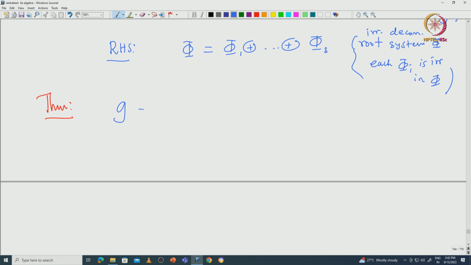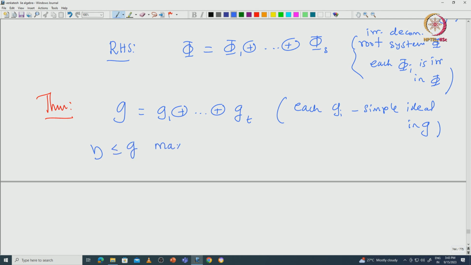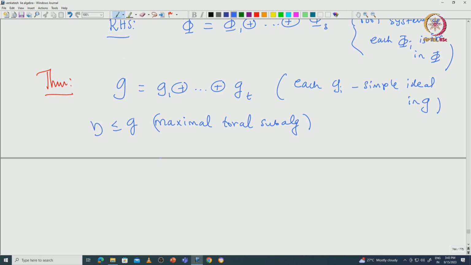If you write G as G1 direct sum etcetera direct sum Gt, with each Gi a simple ideal inside G, and you have a maximal toral subalgebra H inside G, then with respect to that you have the root system phi, the root system of the pair G and H. Now we want to understand how this phi behaves with respect to the simple ideal decomposition.